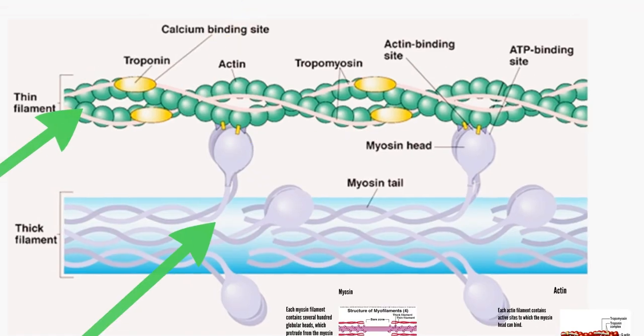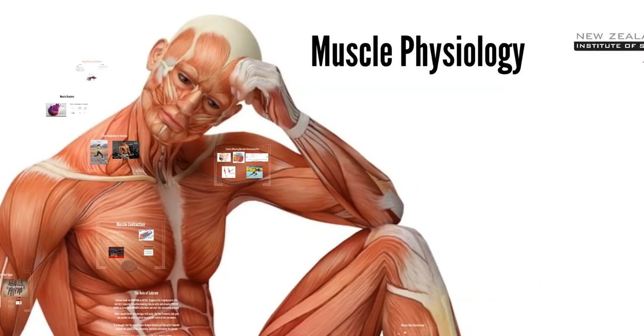So what we need to happen is we need calcium to be freed from the sarcoplasmic reticulum to come down and bind to the bouncer troponin, who will lift off the tropomyosin barriers, and that will allow myosin access to actin, and then the cross bridges can form that you're seeing here, and these little guys are then going to pull actin towards the center of the sarcomere, causing muscle contraction to occur.